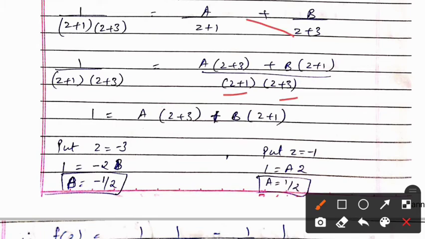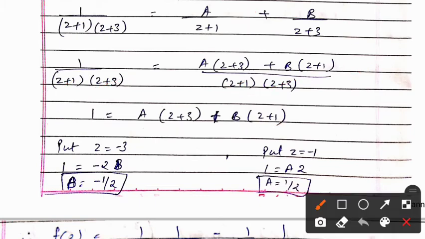I multiply z plus 3 with a and z plus 1 with b. Now both denominators are the same, so we can cancel them, and I get 1 equal to a into (z plus 3) plus b into (z plus 1).